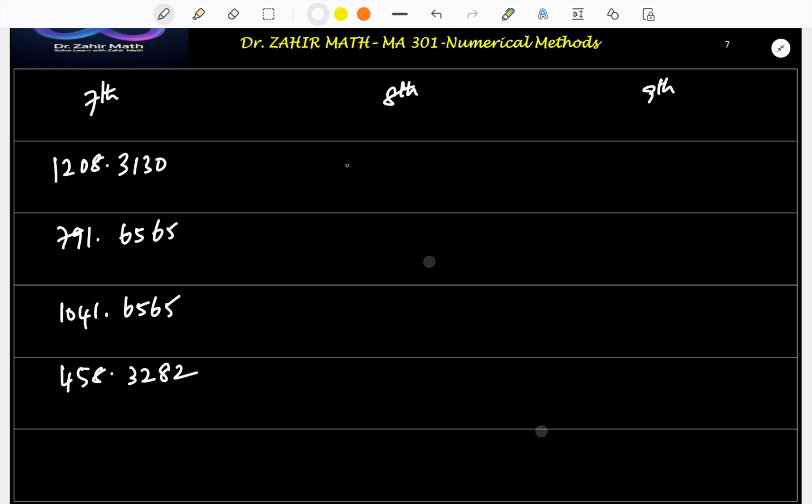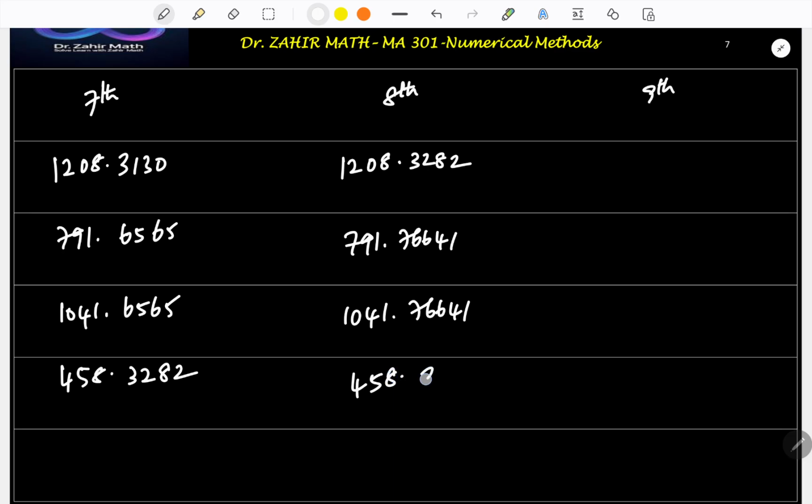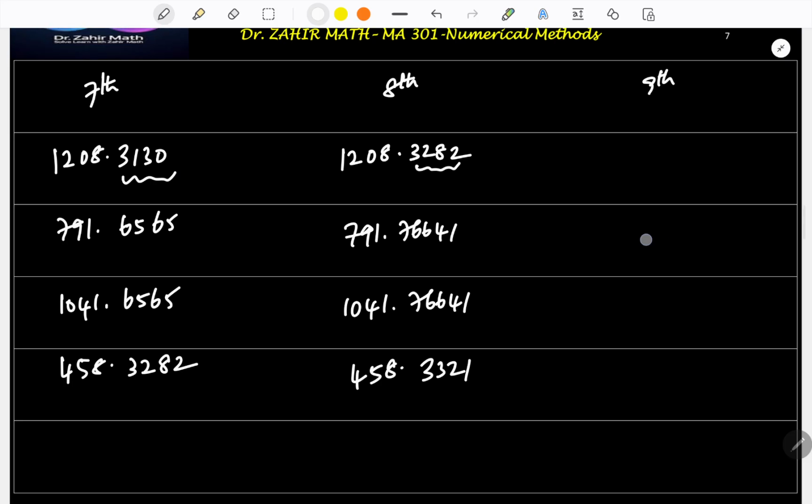So the 8th iteration is 1208.3282, 791.6641, 1041.6641, 458.3321. Is anything matching? Nothing.